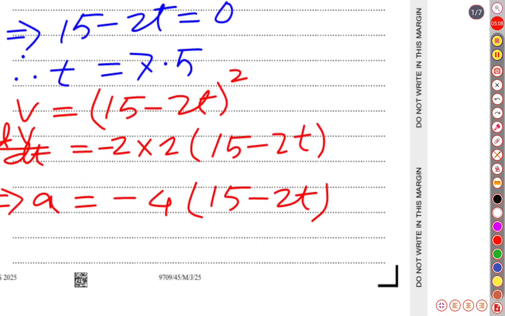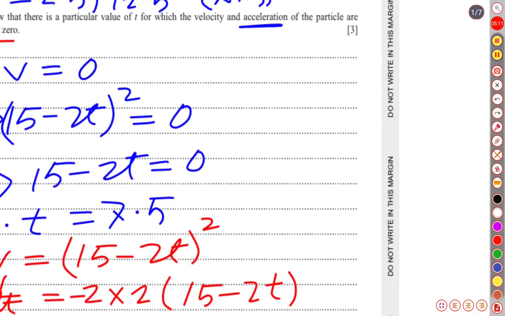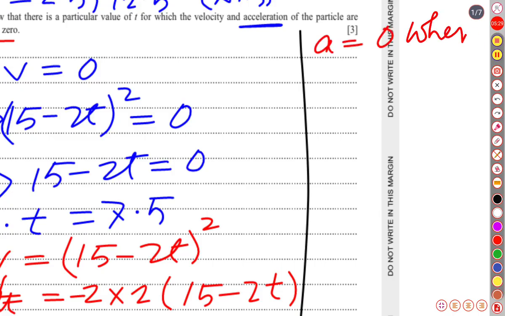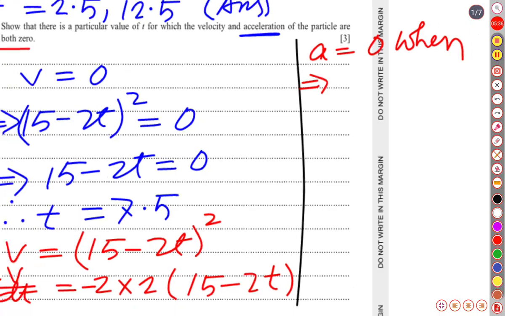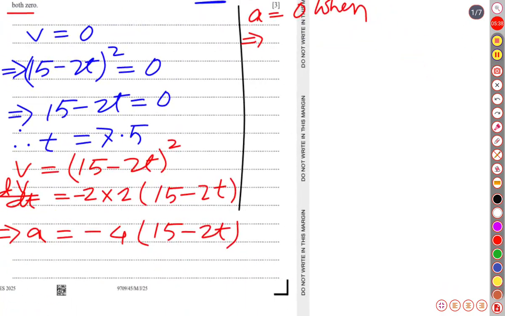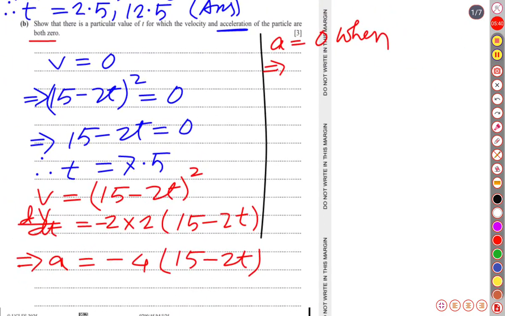I can write just beside this, drawing a line segment. a equal to 0, when a, we have already obtained, is negative 4 into 15 minus 2t.